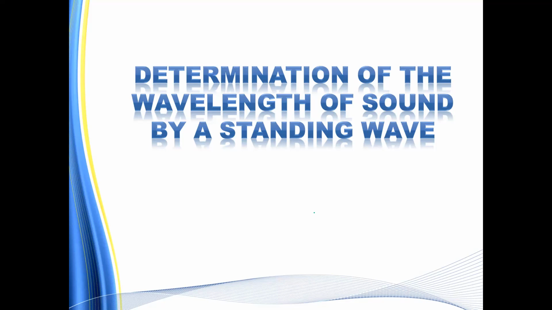Now, after the success of the microwave experiment, they started thinking about another experiment. They thought, let's try this concept on sound, because sound is a very important wave phenomenon, and they were looking for a long time at how we can find the wavelength of sound.